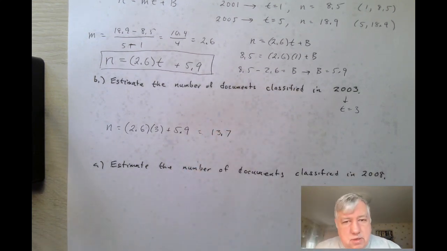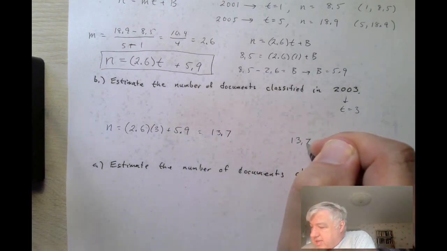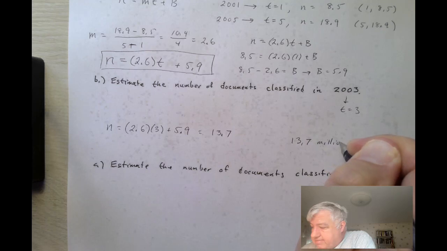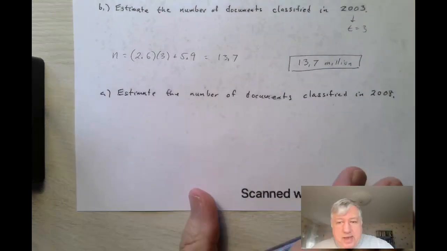Now, the answer to the question is not 13.7. Remember, n is the number of documents in the millions. So the actual answer would be 13.7 million documents. So you have to be careful about that.